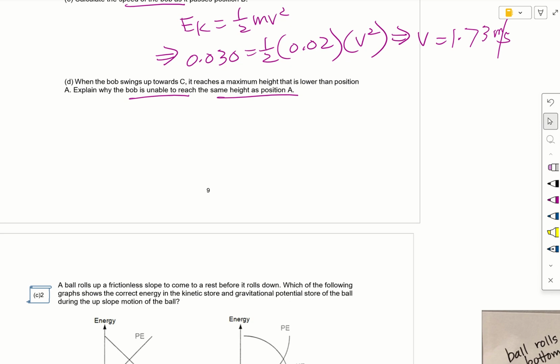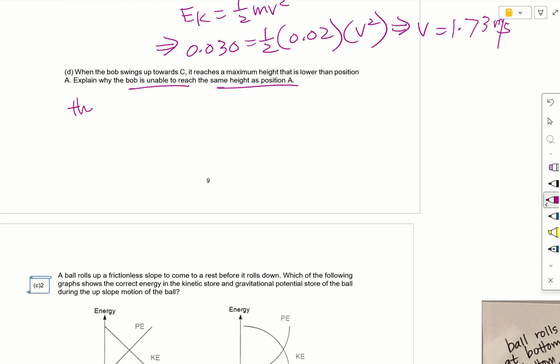Okay, so there is going to be work done against friction and air resistance.